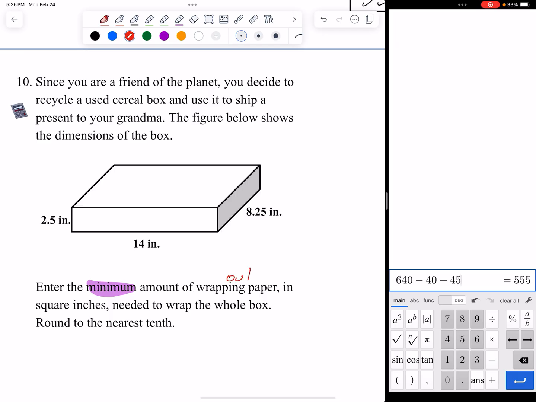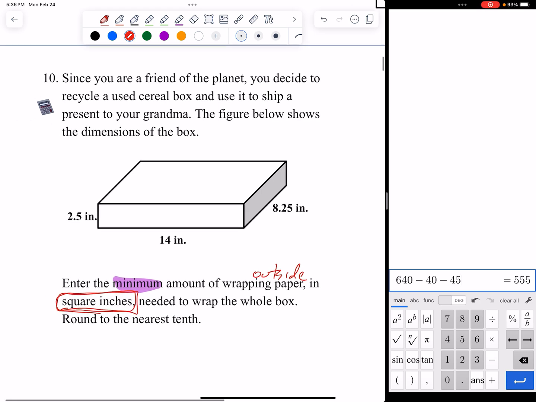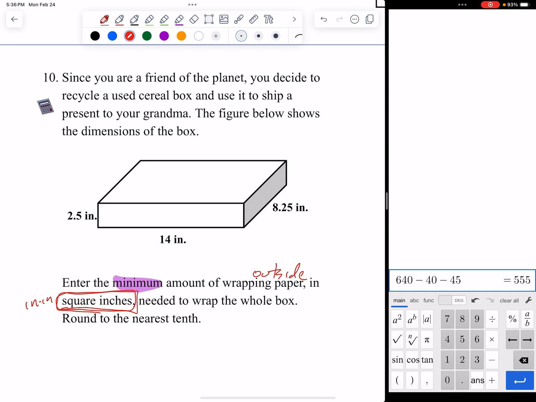Wrapping paper is on the outside, right? In square inches. Can you already tell what's going to happen? Square inches is inches times inches, or inches squared. So if you have inches squared, that usually means area. If you had inches cubed, that means volume. So you've got to know the difference.